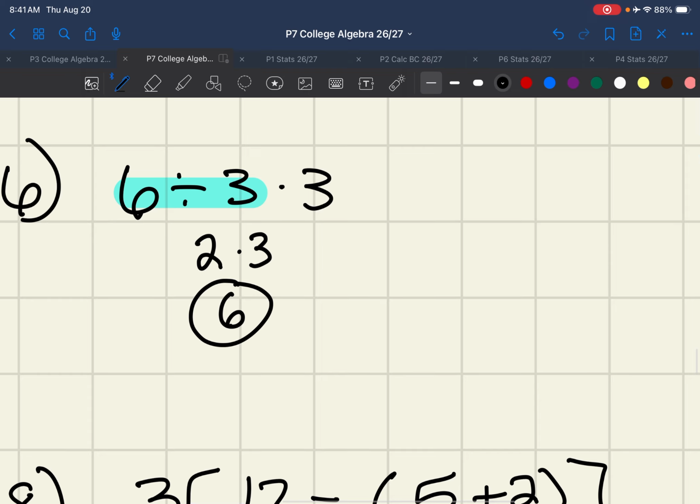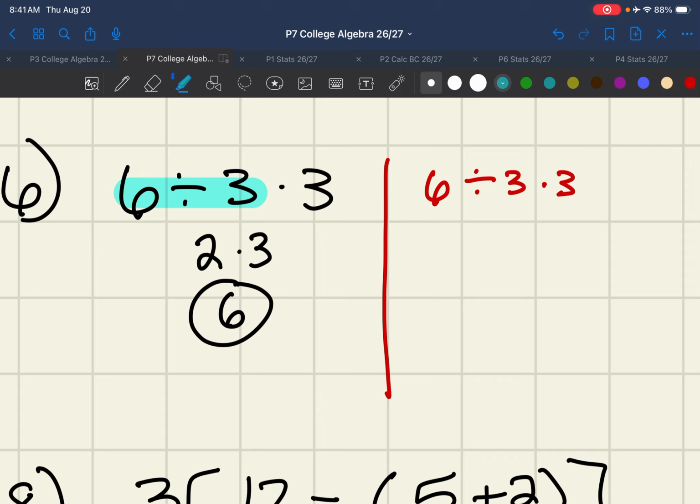And so off to the side, I want to show you why this matters. You don't have to write this down, just showing you. If we had 6 divided by 3 times 3, and let's say we didn't do this from left to right, and we decided to do the multiplication first, then we would have 6 divided by 3 times 3, which is 9.